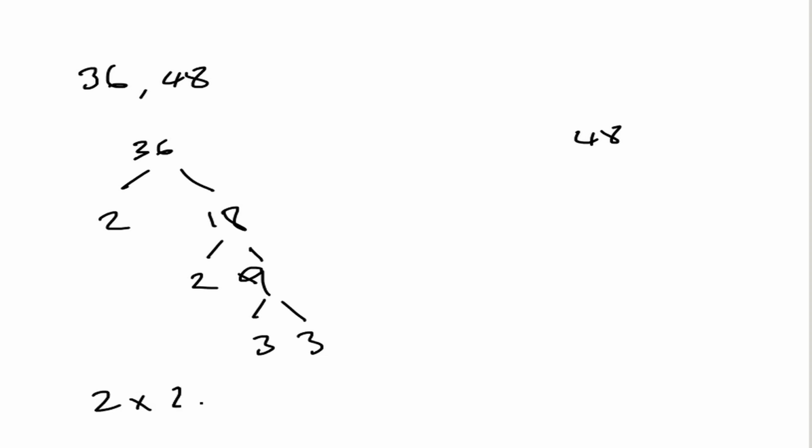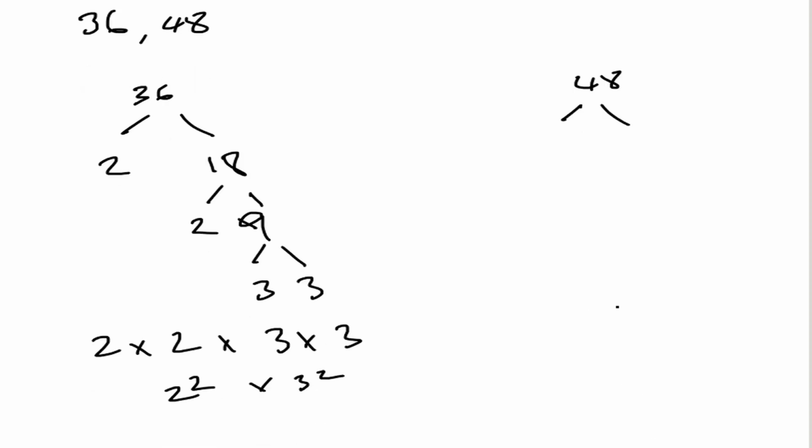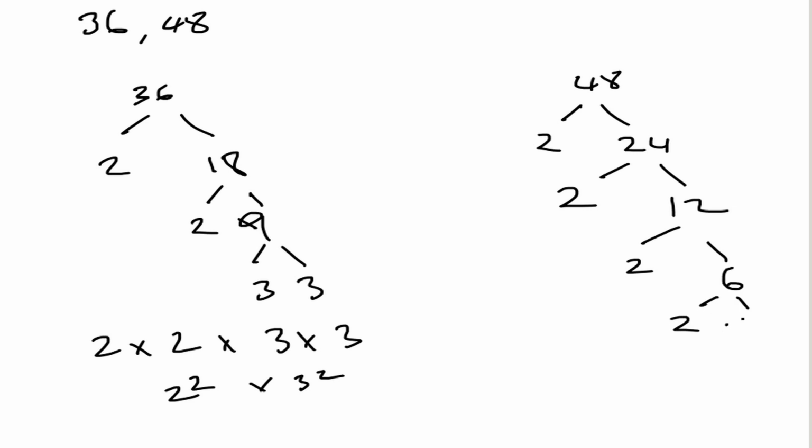So you've got 2 times 2 times 3 times 3, 2 squared times 3 squared. 48, that's the same as 2 times 24, 2 times 12, 2 times 6, 2 times 3. So you've got 2 times 2 times 2 times 2 times 3.